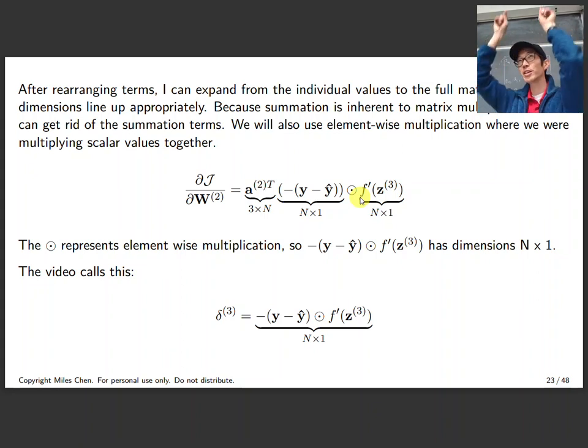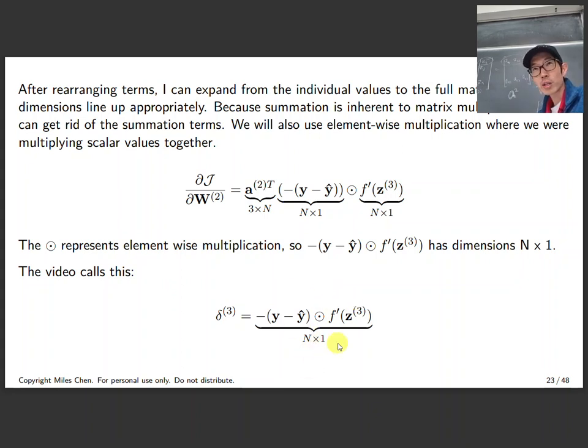It just goes element-wise down those vectors. So it feels like this should be allowed, and so anyway, that's what we have here. This is our gradient with respect to W2. Okay, does that kind of feel okay?